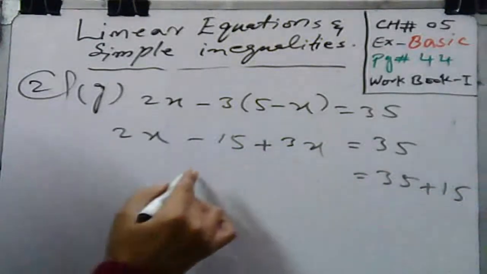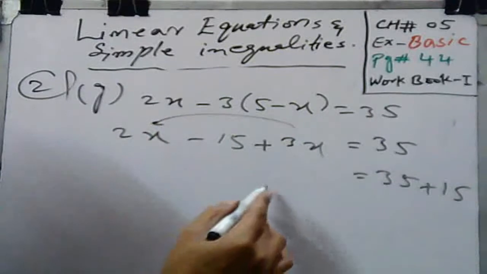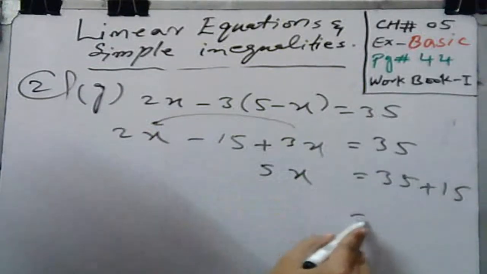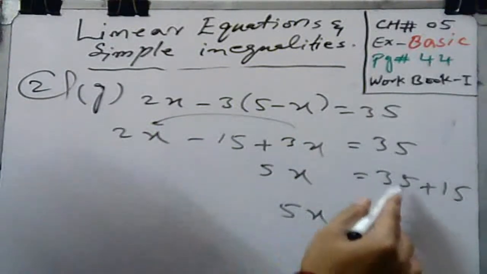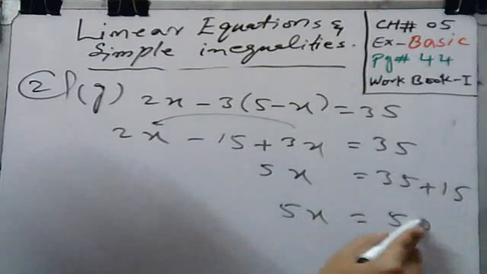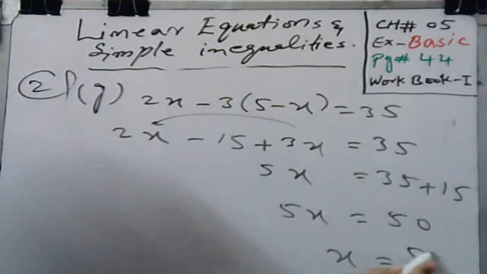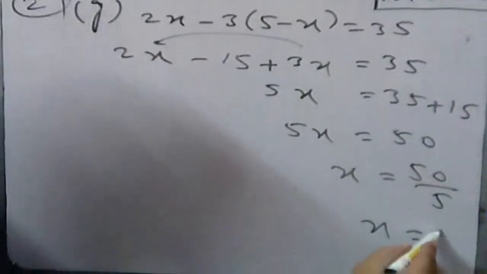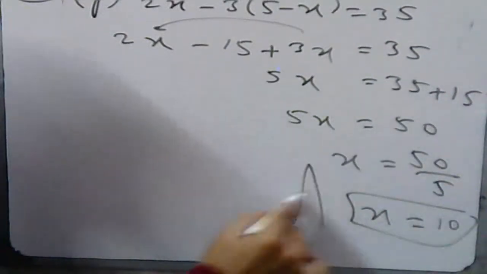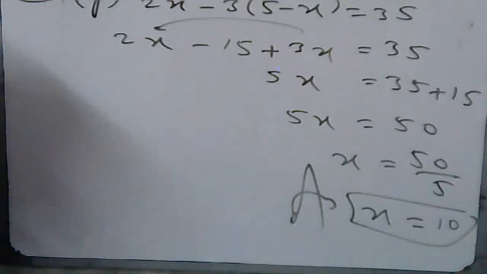Constant terms should be shifted to one side and similar terms will be added, so 35, 40, 50. So the value of x is 50 divided by 5, so you will get 10. The answer is 10.